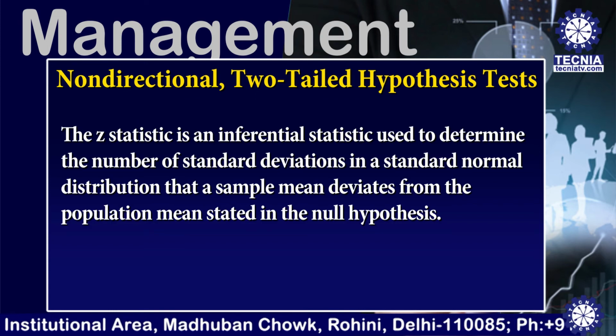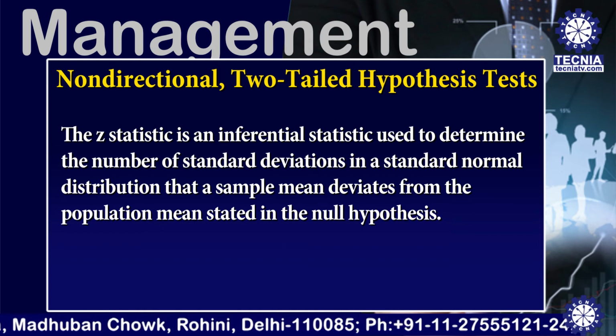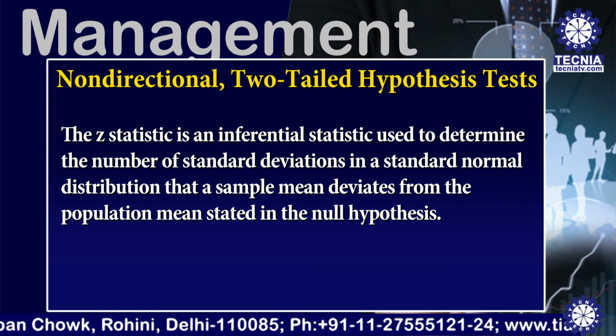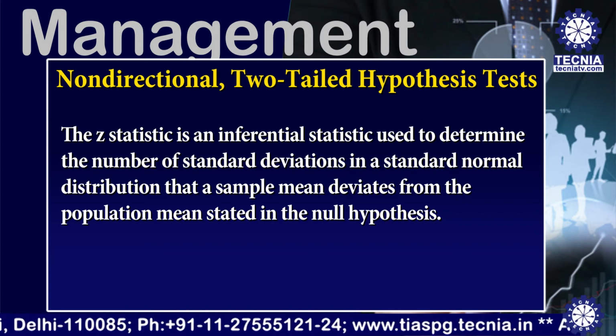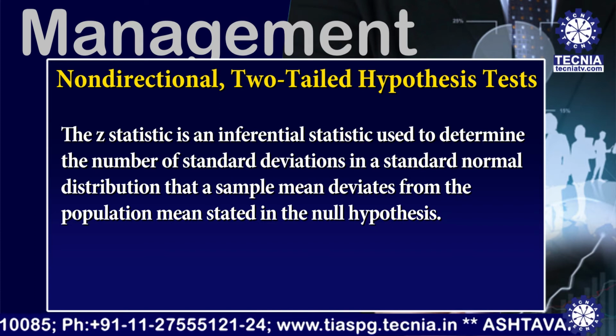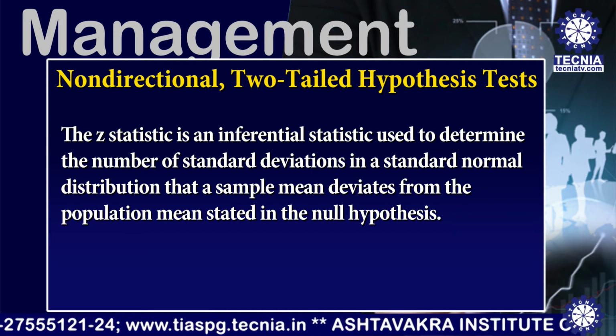The Z statistic is an inferential statistic used to determine the number of standard deviations in a standard normal distribution that a sample mean deviates from the population mean stated in the null hypothesis.